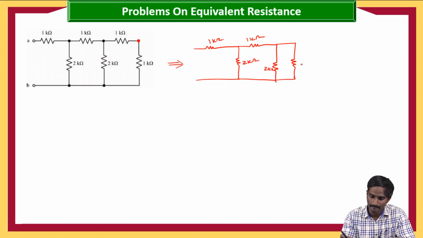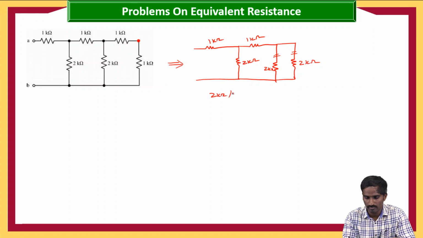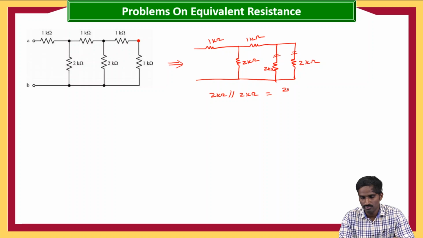Right? So here it is 2 kilo ohm. Now again here these 2 kilo ohm and 2 kilo ohm are in parallel. So 2 kilo ohm parallel with this 2 kilo ohm. Then the resultant is 2 into 2 by 2 plus 2. Okay, so then it is 4 by 4, which is equal to again 1 ohm.